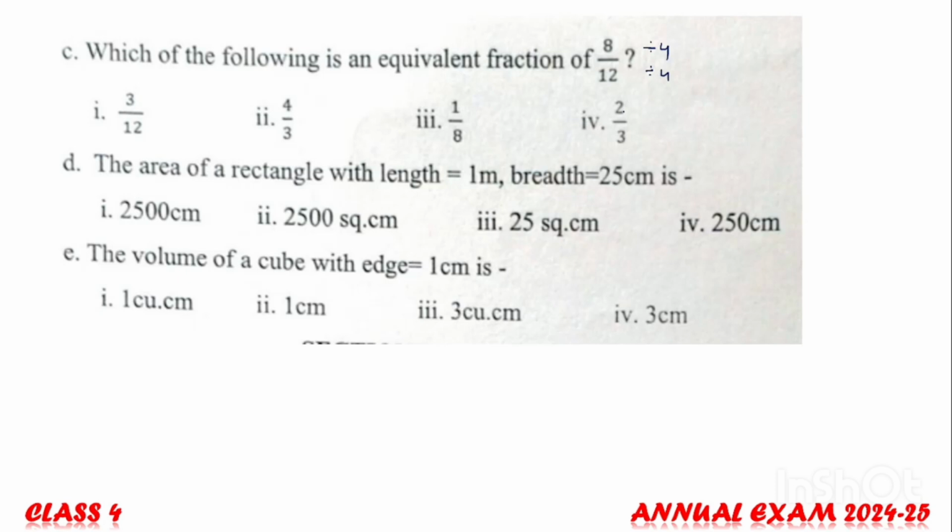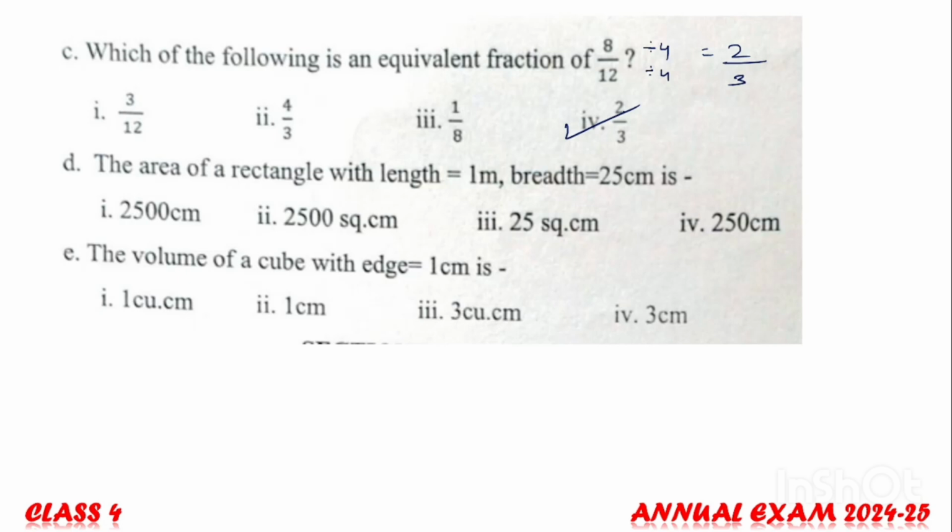That's why here we divide. And when you divide, divide both the numerator and the denominator, not only one. So 8 divided by 4 gives 2, and 12 divided by 4 gives 3. If 2 by 3 is given, yes, so the answer is 2 by 3.